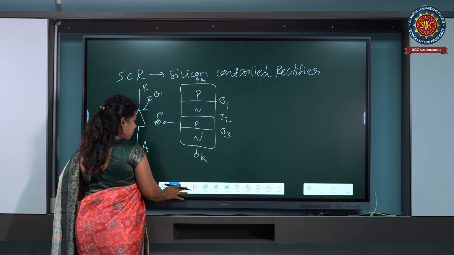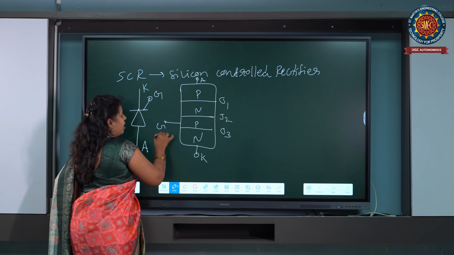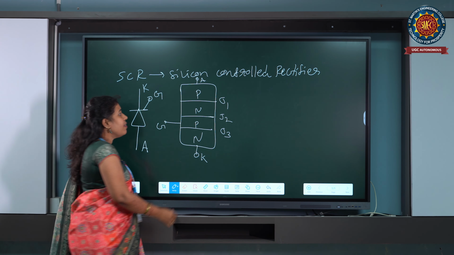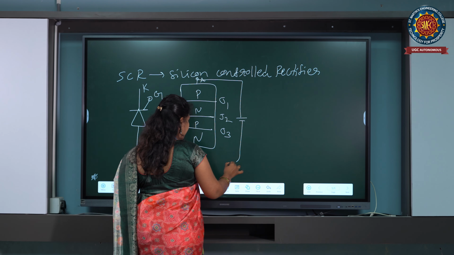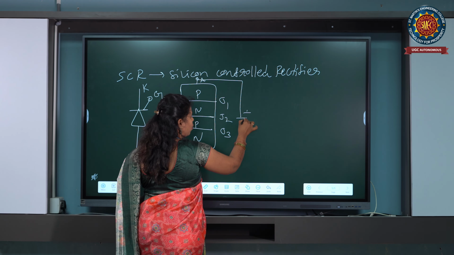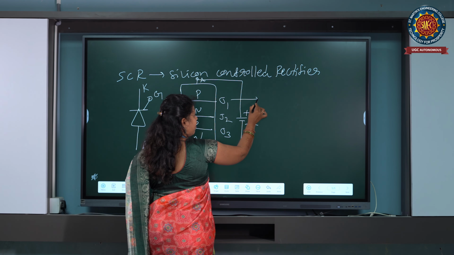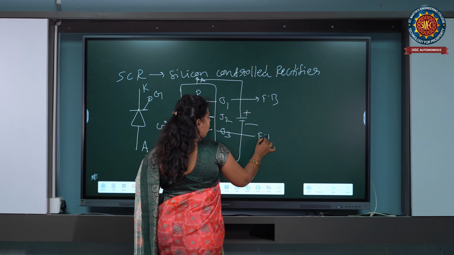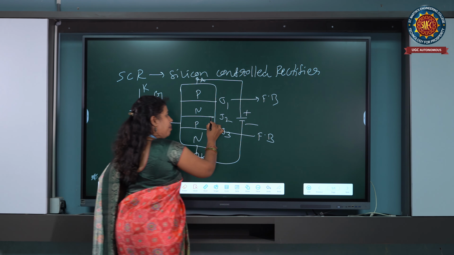So here this is the gate terminal. How does the operation of the thyristor take place? When we connect the supply between the anode and cathode, with the anode positive with respect to the cathode, junction J1 will be forward biased, junction J3 will be forward biased, but J2 will be reverse biased.